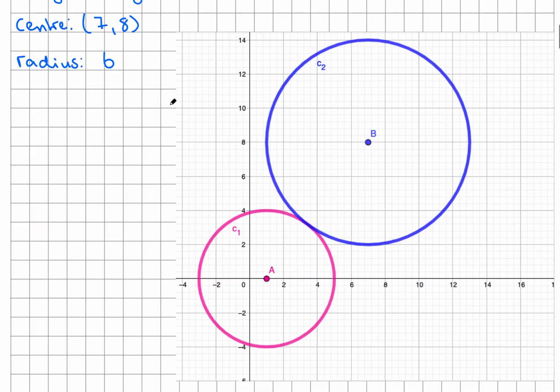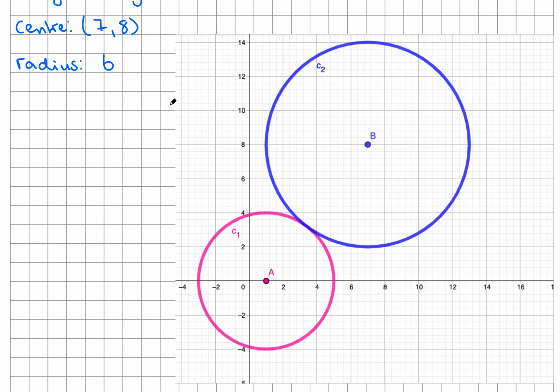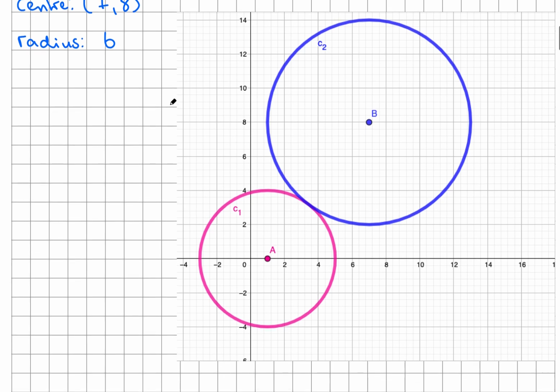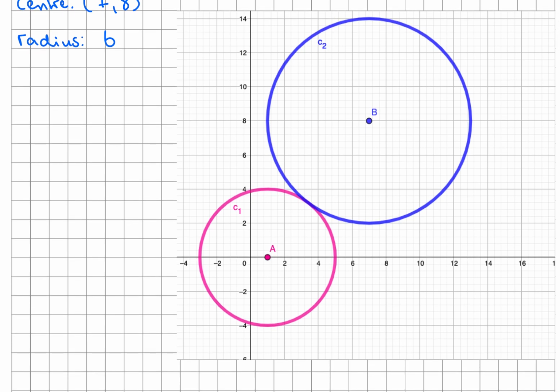Now if I sketch those two circles out using the information from up here, the center of the first circle, C1, was 1, 0. The center of the second circle was 7, 8. The radius of the second circle is 6, and the radius of our first circle was 4.